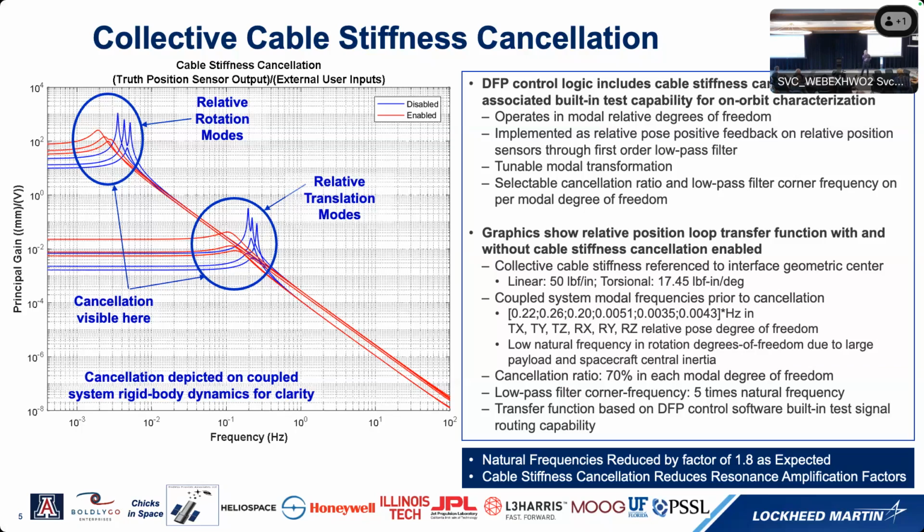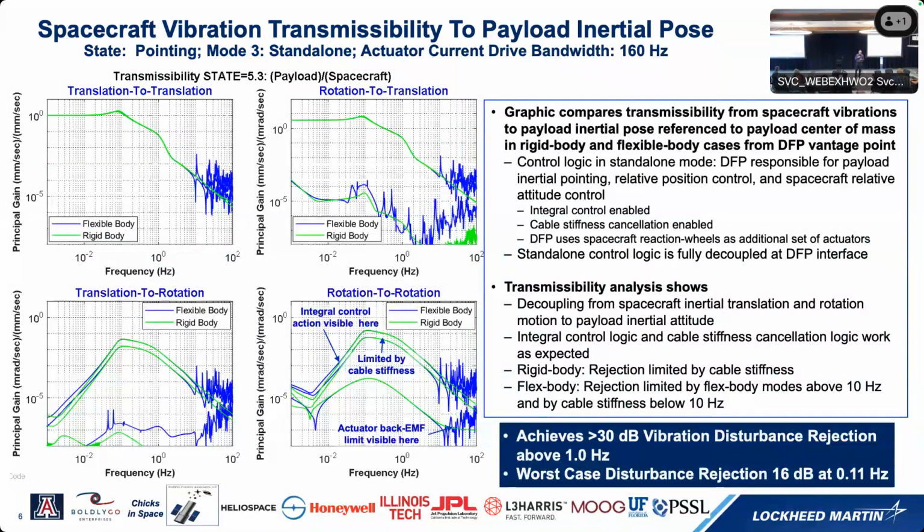Next chart, please. This is the kind of vibration isolation that we are getting between the payload and the spacecraft. The important quadrant is the lower left, or lower right, on the graph here. In this section, the transmissibility is effectively limited by the cable stiffness.